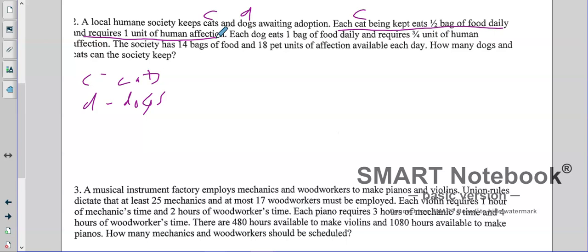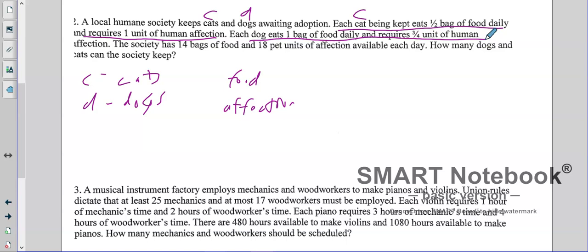So, each cat gets food and affection or time or whatever you want to put. All right? And then each dog requires 1 bag of food and 3/4 of a unit.